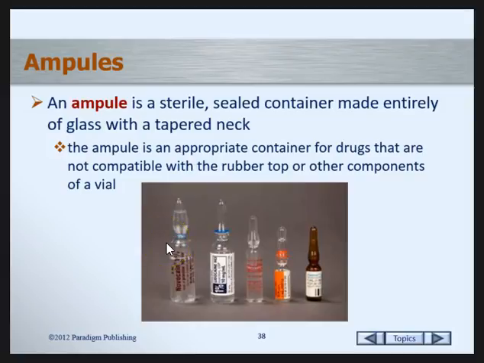In Chapter 10, we will identify the parts of an ampule and how to properly break an ampule and withdraw the product. For now, we're just going to talk about what the ampules do.